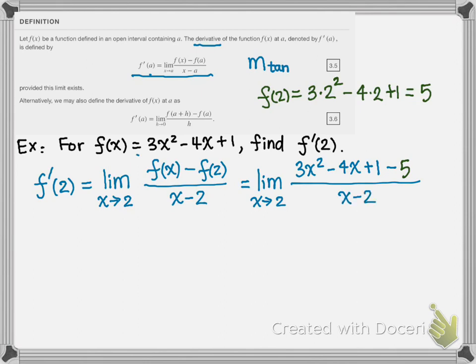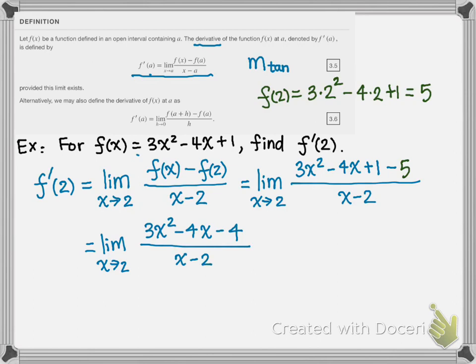So now on the top, we have to simplify. So we have the limit as x approaches 2. 1 minus 5 is negative 4. So it's 3x squared minus 4x minus 4 divided by x minus 2.